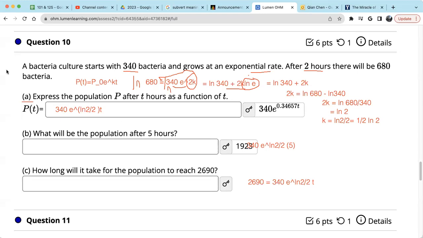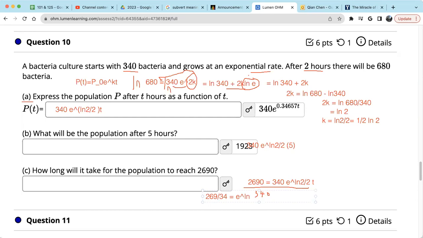Let me finish this. First we divide by 340. You can use a calculator for this. Then this side becomes 2,690, so the 0 cancels out. 269 divided by 34 equals e to the power ln square root of 2, because the half goes to be the exponent of 2.